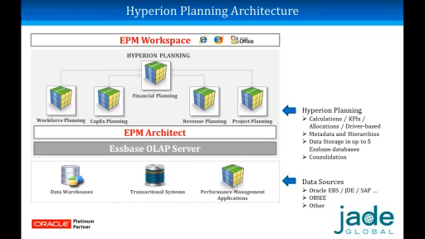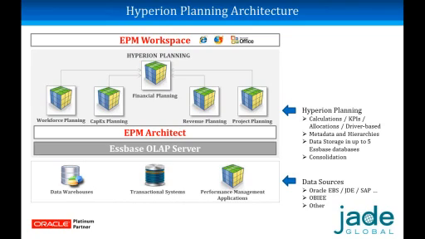The Hyperion planning layer is the tool used to create all of your financial statements on a forecast, planning, or budget basis. At this very bottom layer, this EPM Architect, is where the entire definition is created for Hyperion Planning.